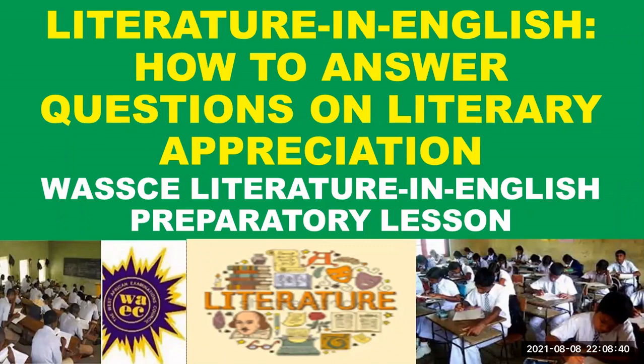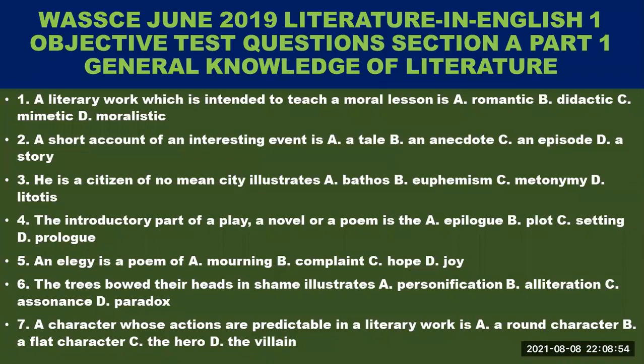And of course, when you understand and familiarize yourself with the various literary terms, you'll be able to analyze literature and answer questions correctly, especially when it comes to the questions in section A, part 1 of your literature in English objective test questions.